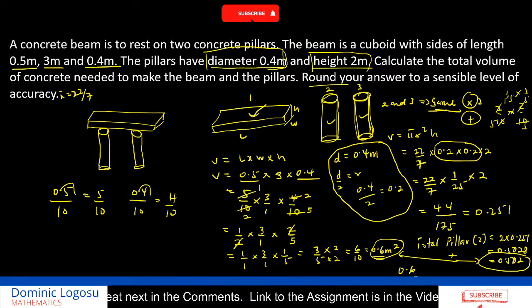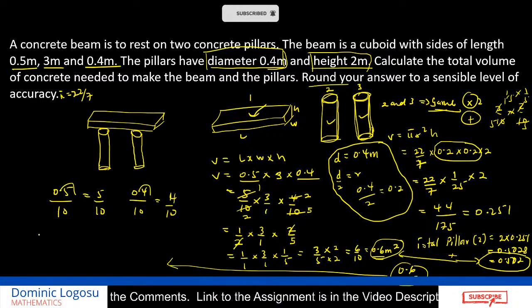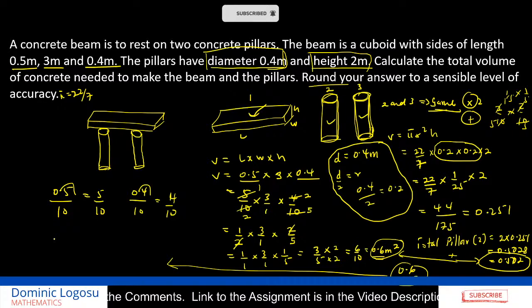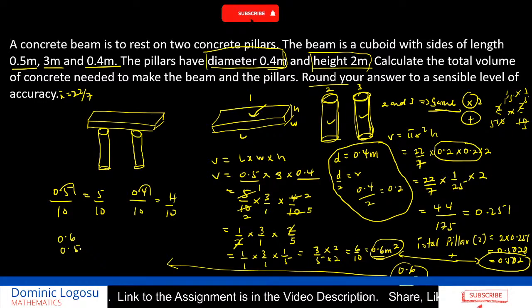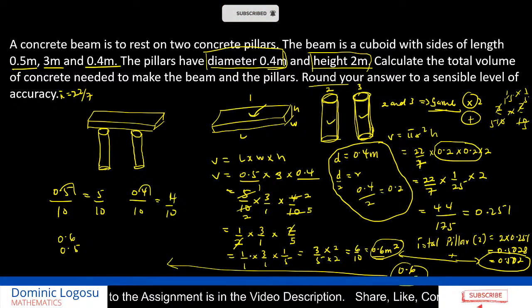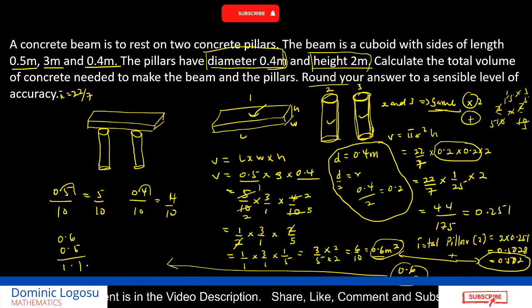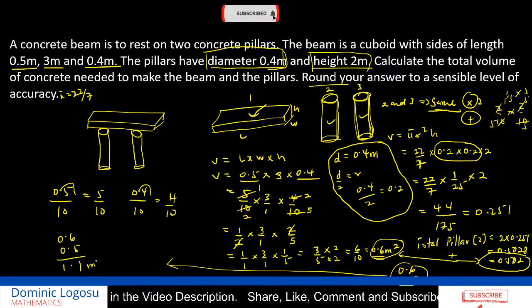I'm going to bring that here so that you guys will be able to see. So that will be 0.16 and then 0.5. Because the 0 is not relevant, this will give us 1.1 meter cube. Because we are dealing with volume, don't forget it is meter cube.